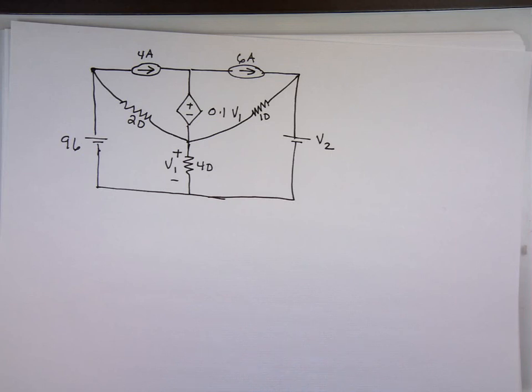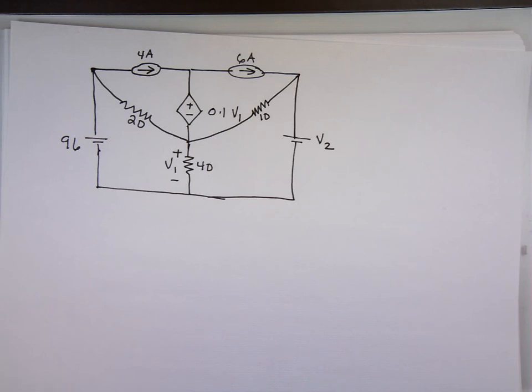They don't tell us what V2 is. So I keep looking to see, did I miss anything? Something has to be given about V2 here. Maybe they want it in terms of V2.